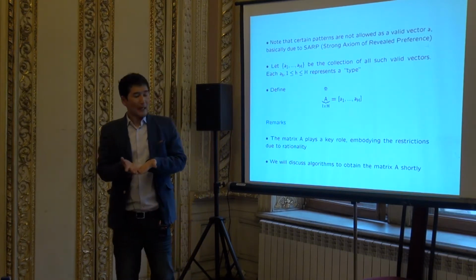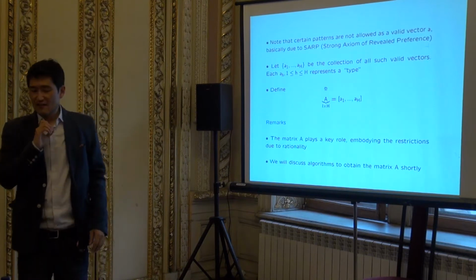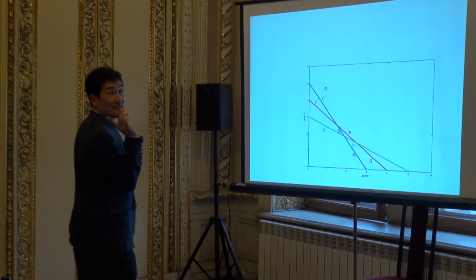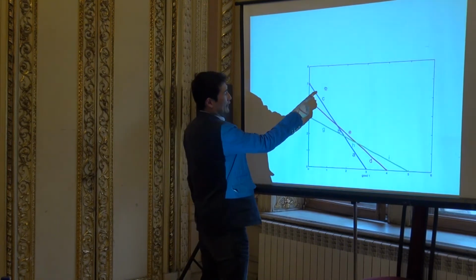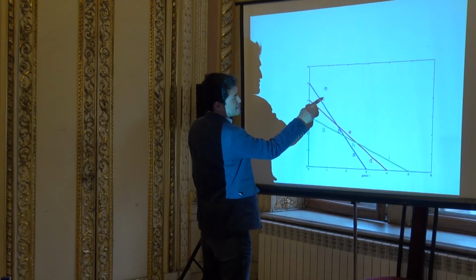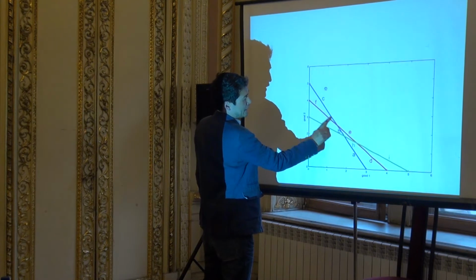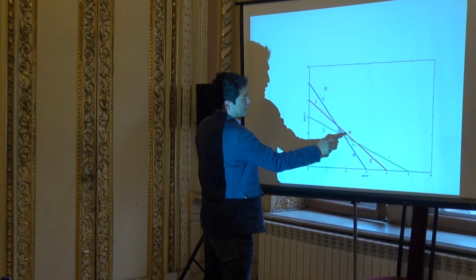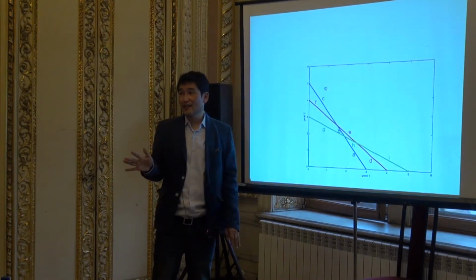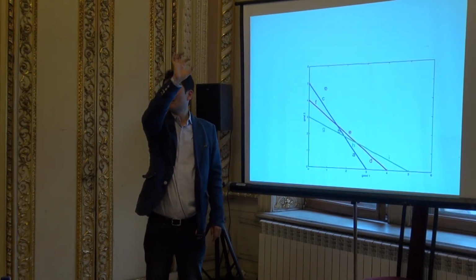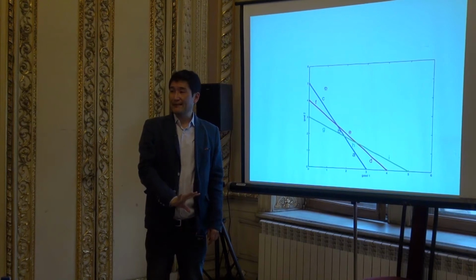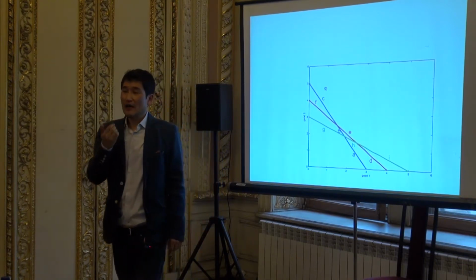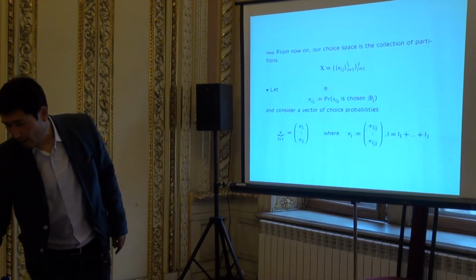But then there are choice patterns that are not allowed, which is exactly what I said. So if for the first budget line it's, say, 0, 1, and for the second budget line it's 1, 0, it's a violation. So I cannot have the 0, 1, 1, 0 pattern. And that's exactly the restriction we would be focusing on.